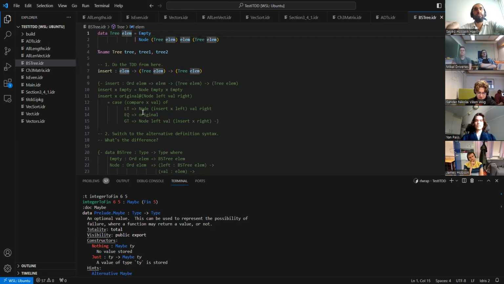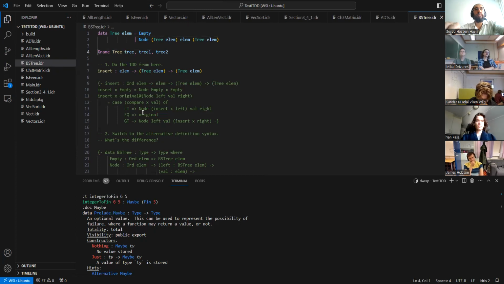Specifically, I would like to draw your attention to this type parameter and the fact that it shows up here as a type level, and also used as a type level underneath. Now, here is a new piece of syntax. This is a directive of the compiler. It says that if you want to perform case split or proof generation for this data type Tree, then these are the good names for you to go through. Right. So that's that.